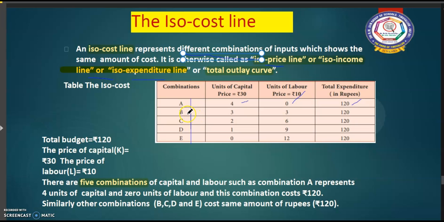Similarly, other combinations you can see B, C, D and E cost the same amount, rupees 120. And here you can see the total budget is 120, which is constant for all the combinations, and the price of capital K is rupees 30, and the price of labor is rupees 10. Here there are 5 combinations of capital and labor.